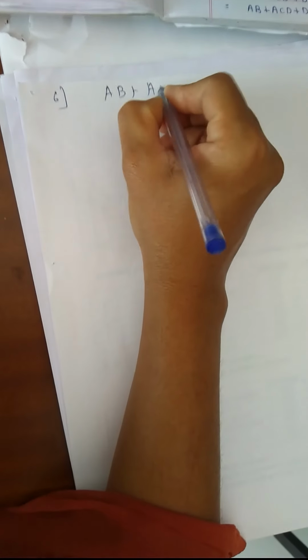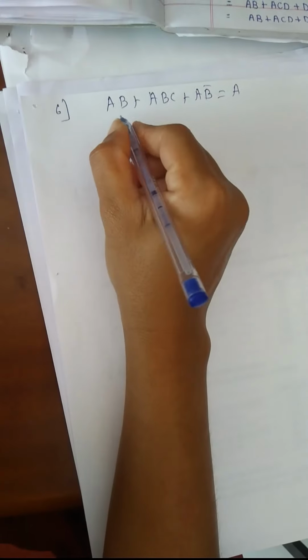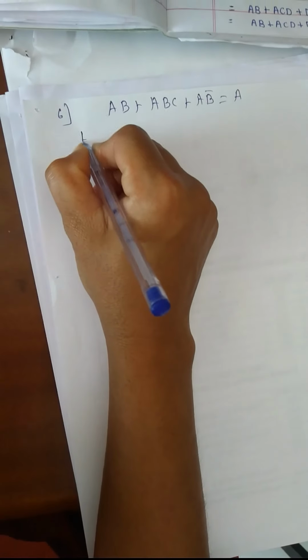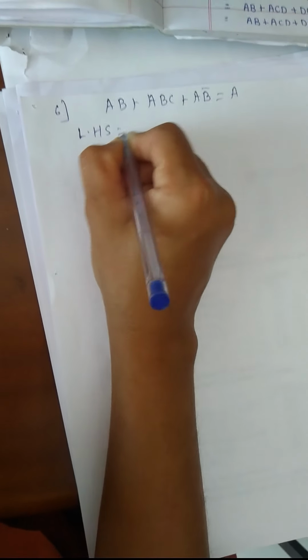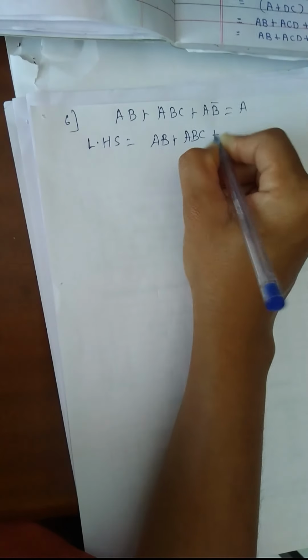Next problem, AB plus ABC plus AB bar is equal to A. So in this problem LHS is AB plus ABC plus AB bar.